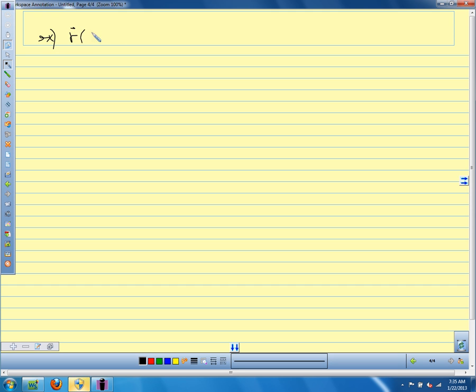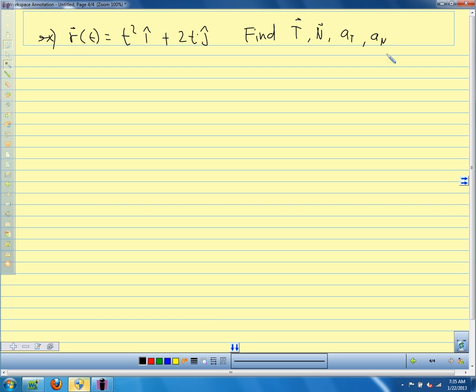We have r of t equals t squared i plus 2t j. And our problem asks us to find our unit tangent vector, our unit normal vector, the tangential component of acceleration, and the normal component of acceleration. And we're looking at t equals 1.